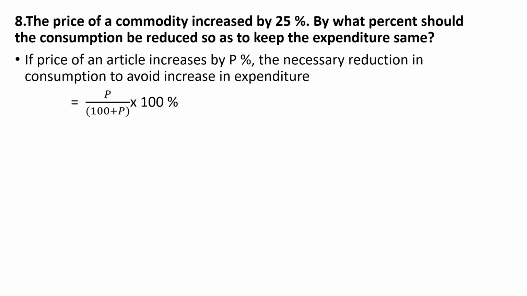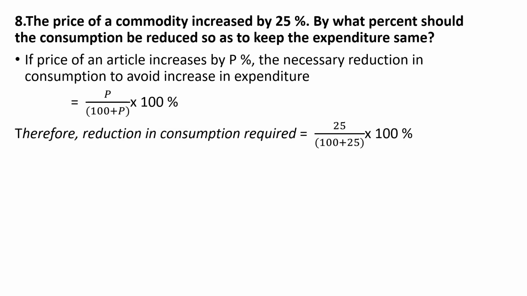Substituting, we get 25 divided by 100 plus 25, which is 25 by 125. Upon cancellation, 25 fives are 125, so the answer is 20%.